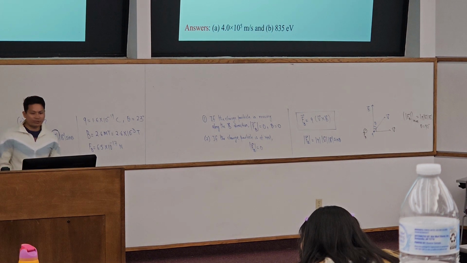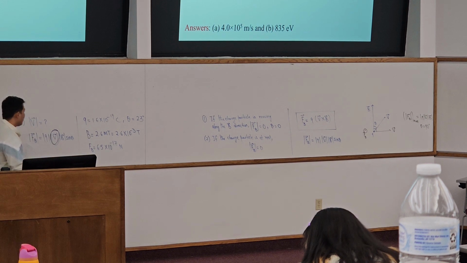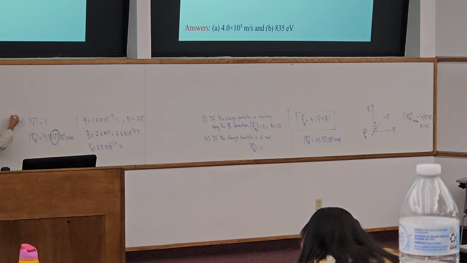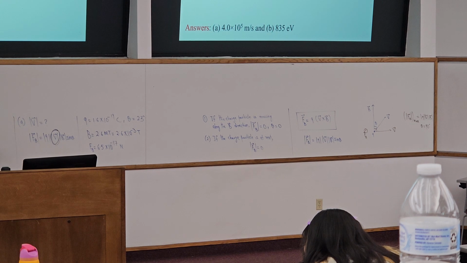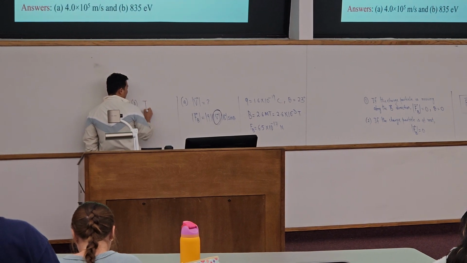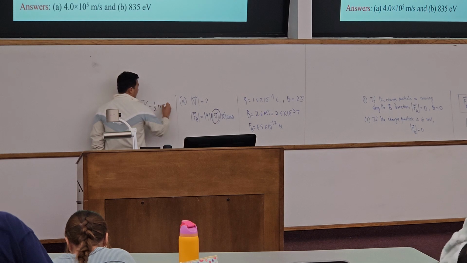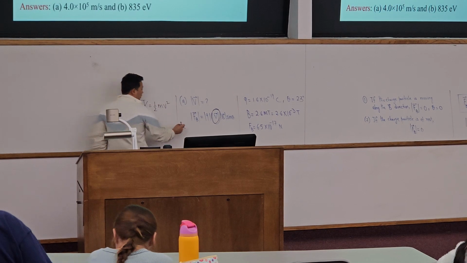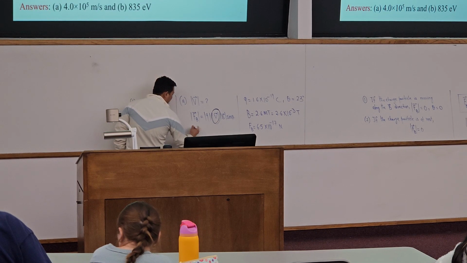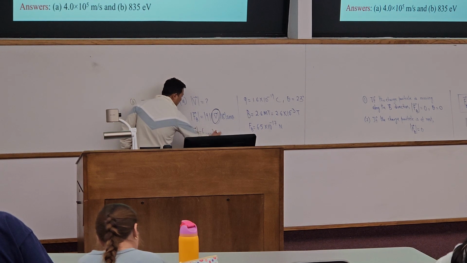That will be the proton speed, and then its kinetic energy in electron volt in part B. The kinetic energy, I just write it K, is 1/2 m v square, and you already know the v value from here, in meter per second.